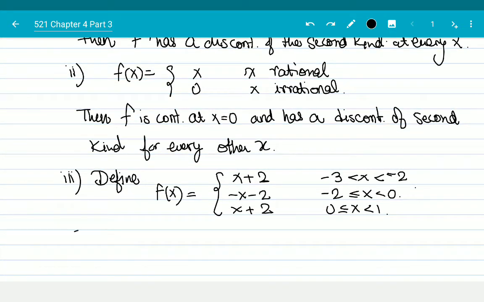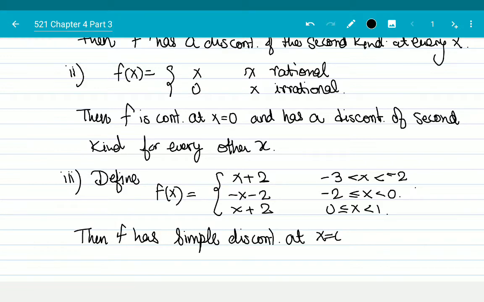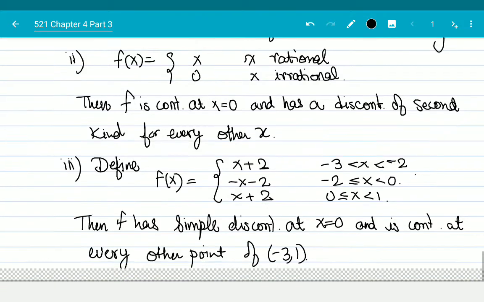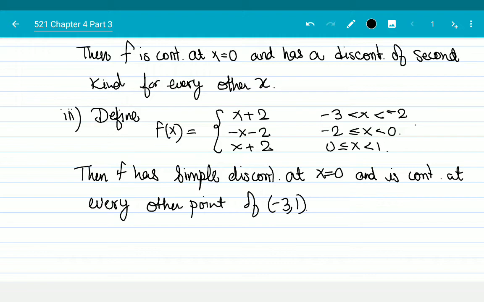So f has a simple discontinuity at x is equal to 0, and is continuous at every other point of -3, 1.